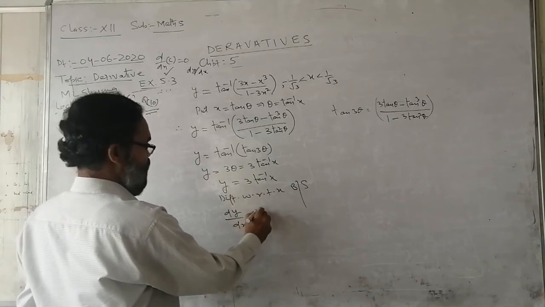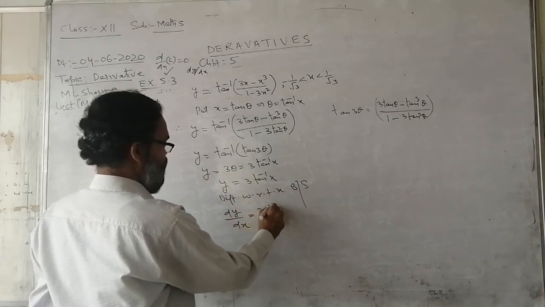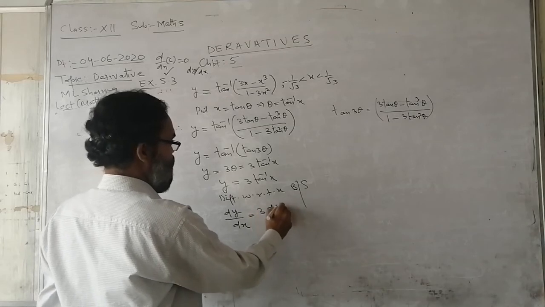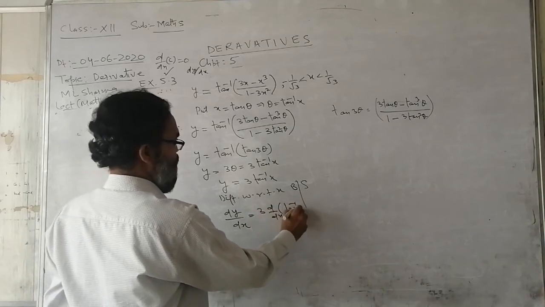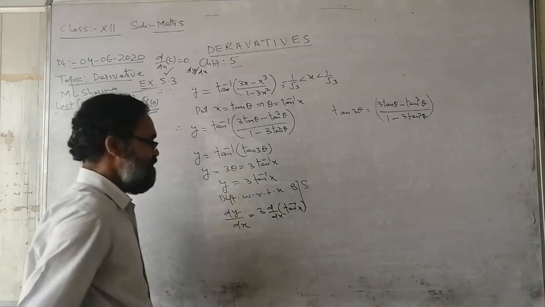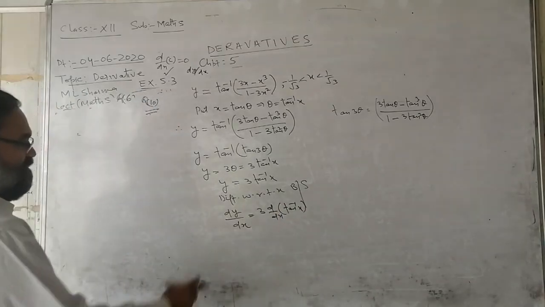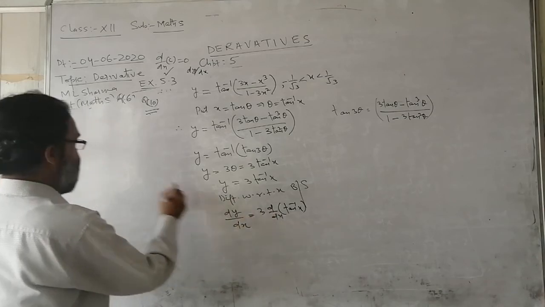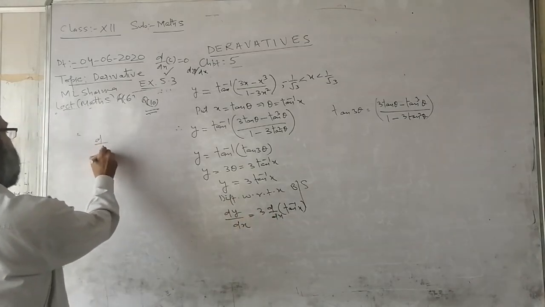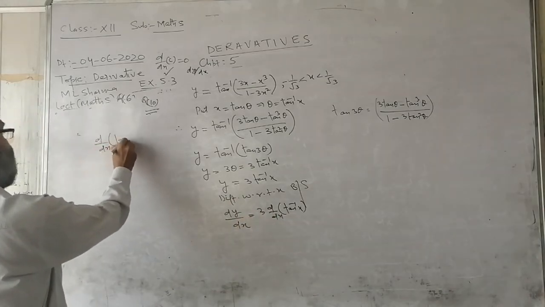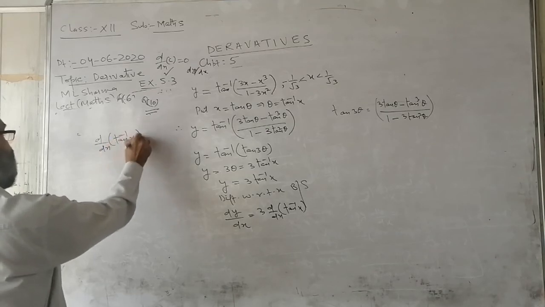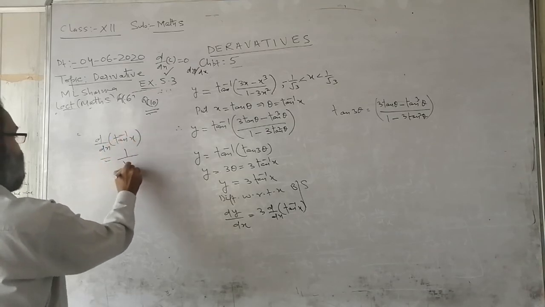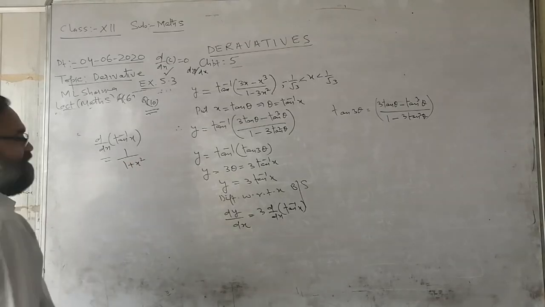Its derivative will be 3, I take outside, tangent inverse x. Now just I have proved this formula, d upon dx of tangent inverse x, and this is 1 upon 1 plus x square.